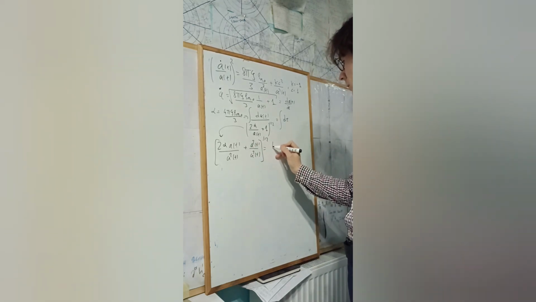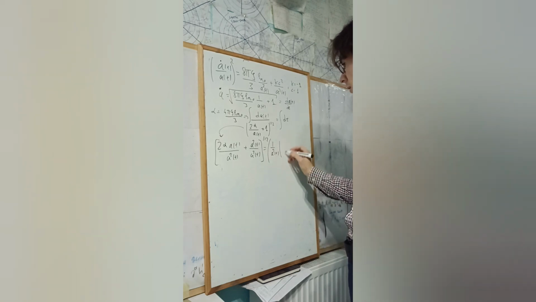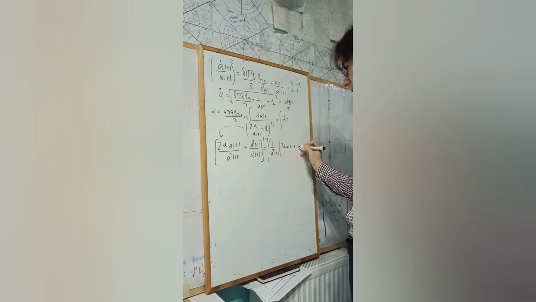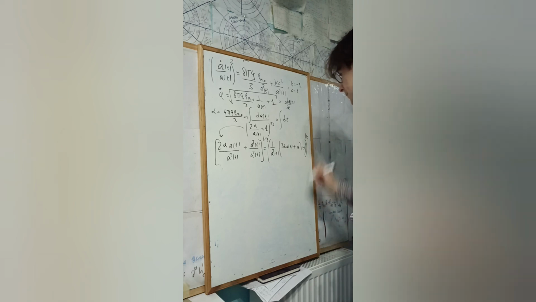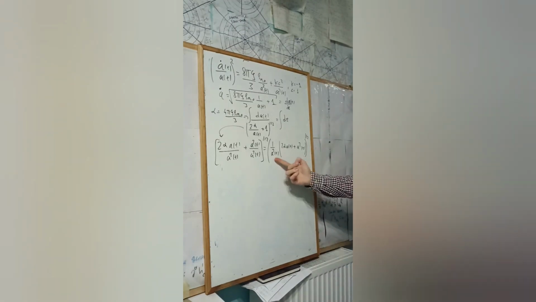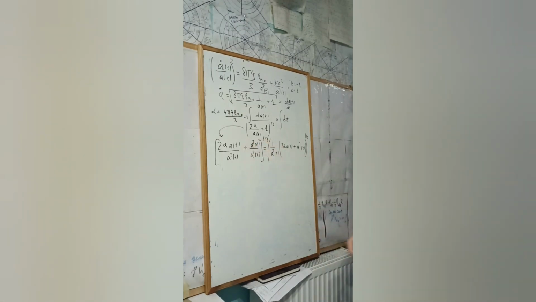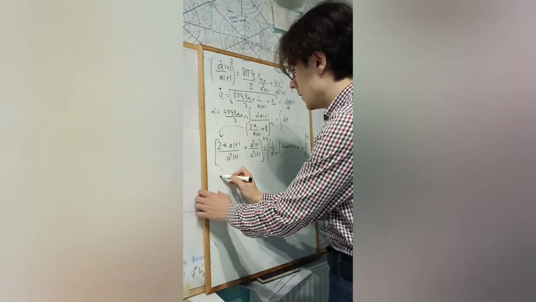So, which is equal to 1 over a squared of t, 2 alpha a of t plus a squared of t, and its root. So, it's 1 over a.